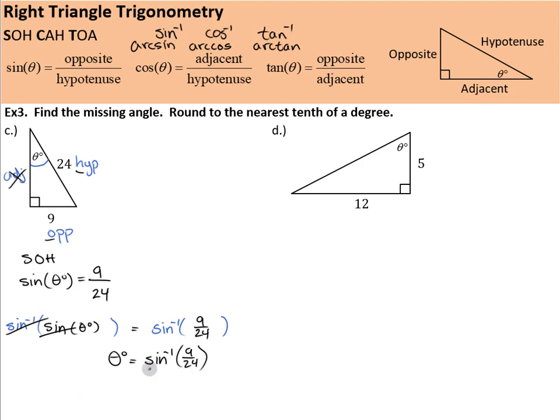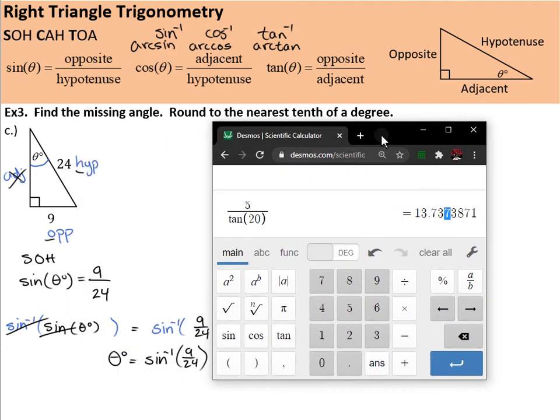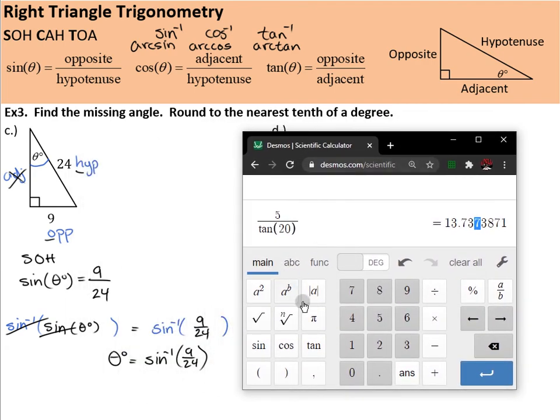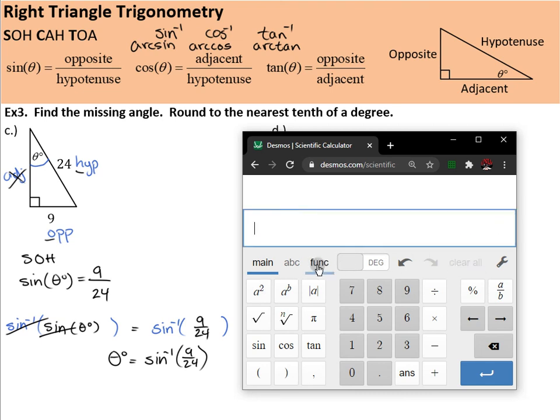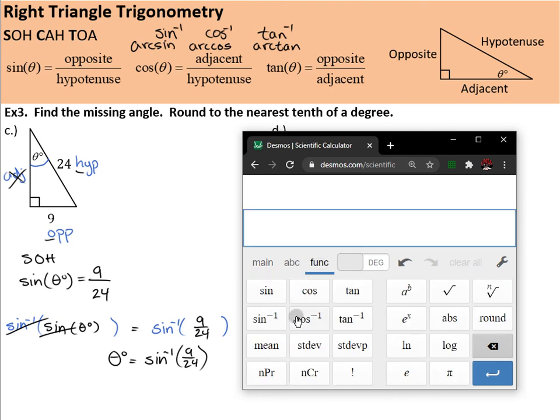So when we're using inverse sine in the calculator, we're giving it a ratio and we want the angle. So again, we'll go to, say, Desmos. Now to get to the inverse ones, they're not on the main page. You need to go to functions, and then you'll see inverse sine, cosine, and tangent, or arc sine, arc cosine, arc tangent.